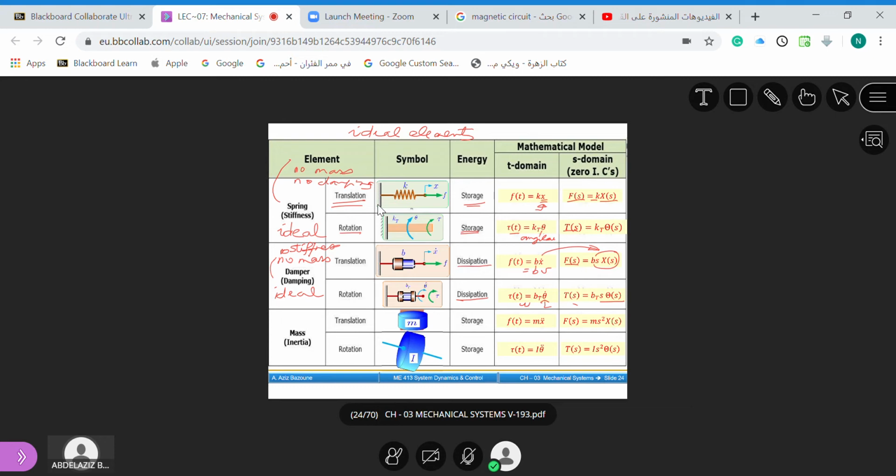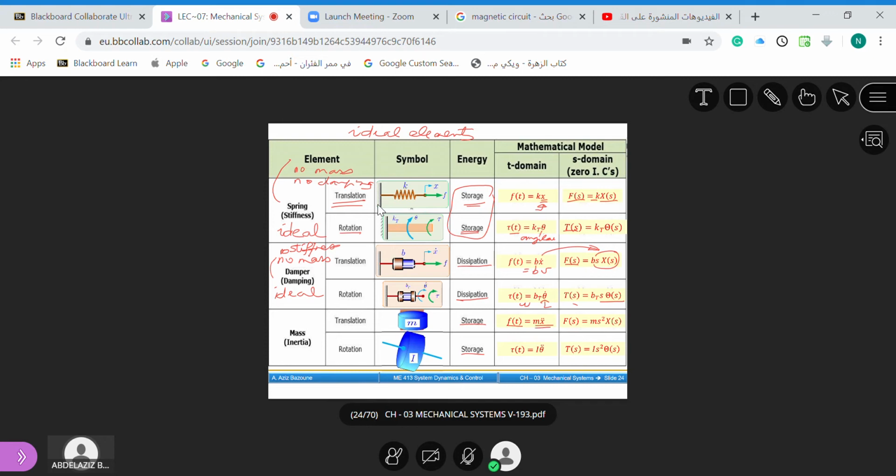For the mass or inertia, sometimes called mass, sometimes called inertia, it is storing energy. It stores kinetic energy, half m v squared, while the spring stores potential energy, which we call strain energy or elastic energy. The force is related by Newton's second law, F is equal to m x double dot.